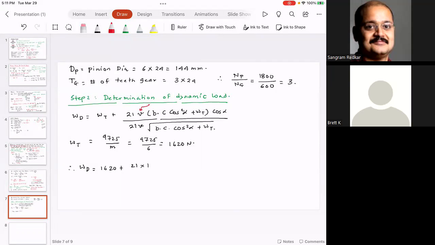So I want you to go to the table from the textbook and quickly refer to the equation, and I'll tell you the page number.